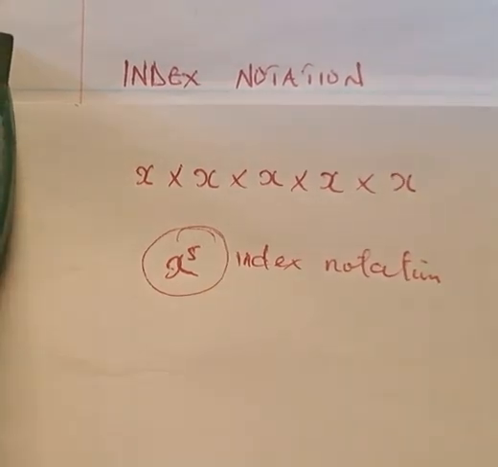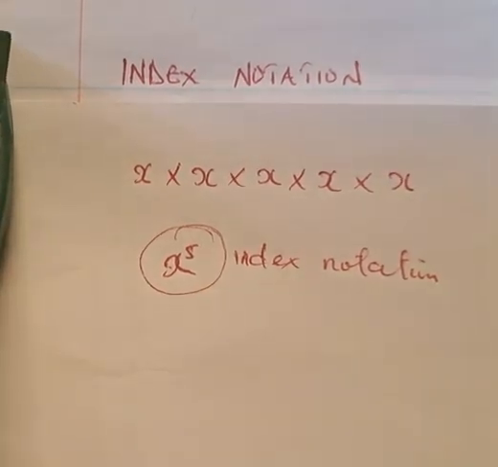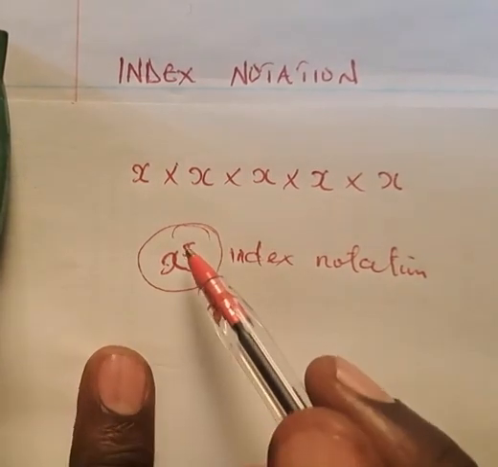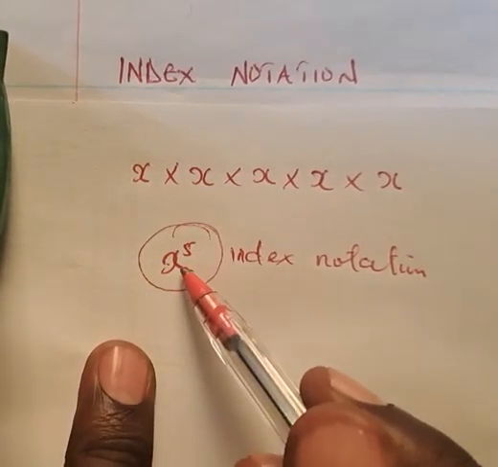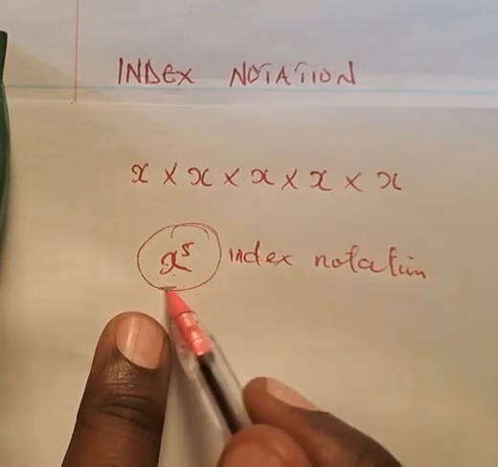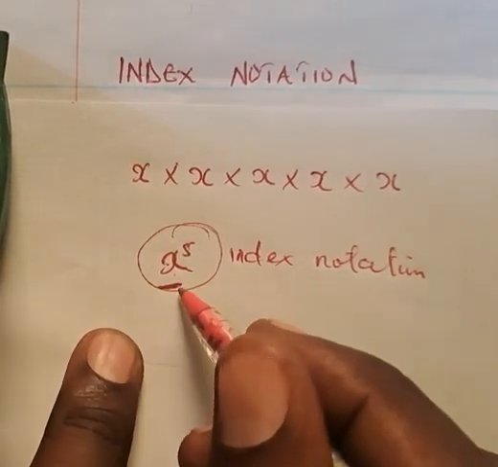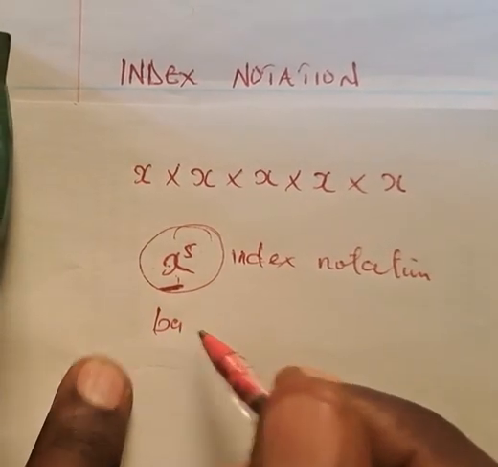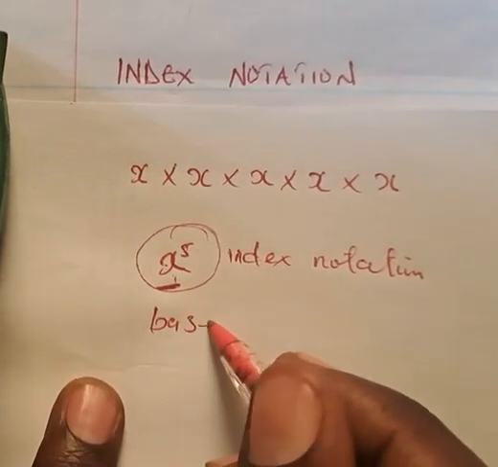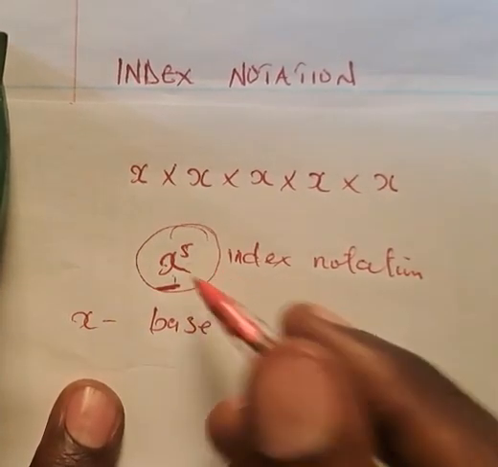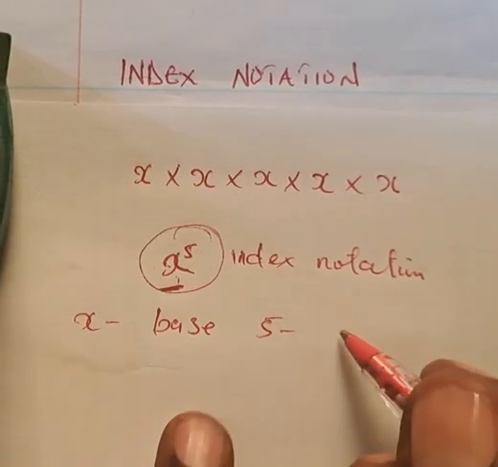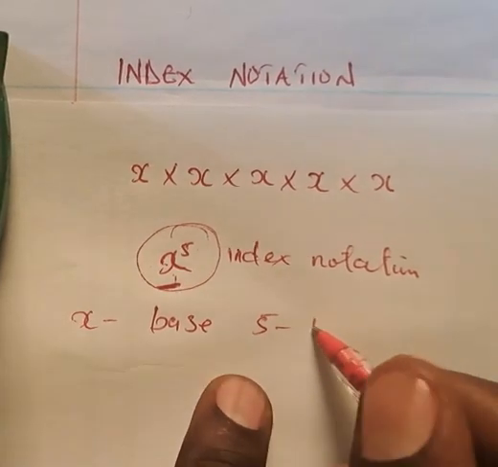Now in an exam, you have to understand first of all what each one of these is. In our case, x is known as the base, and the 5 on top there is known as an index.